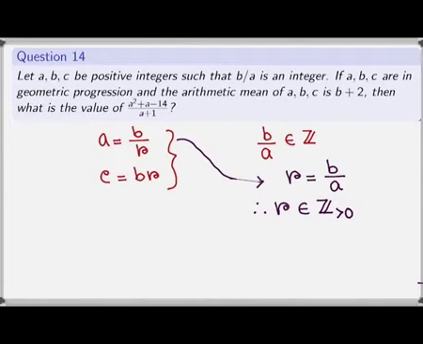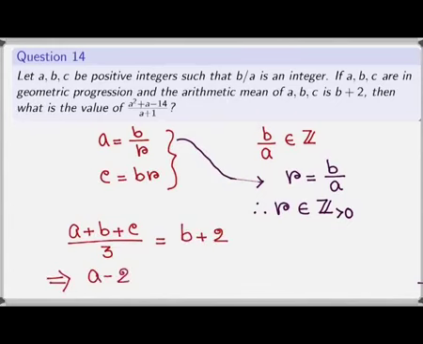We know the arithmetic mean of A, B and C is B plus 2. Therefore, (A plus B plus C) divided by 3 is equal to B plus 2. That means A minus 2B plus C is equal to 6.